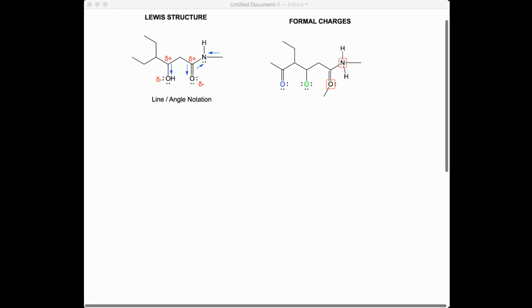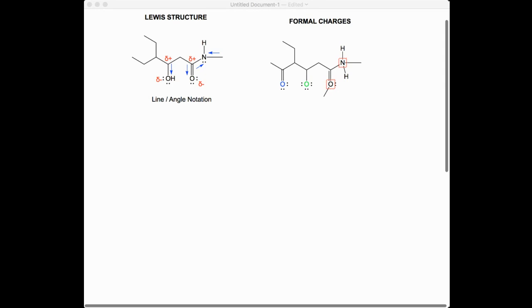correct? So if oxygen is in group 6 and is supposed to have 6 electrons, and this green oxygen has 7 electrons in the valence shell, what would be the formal charge of this green oxygen? It has an excess of 1 electron, and the charge of an electron is -1. So what would be the formal charge? -1. Okay? So once again, the charge of 1 electron is -1.